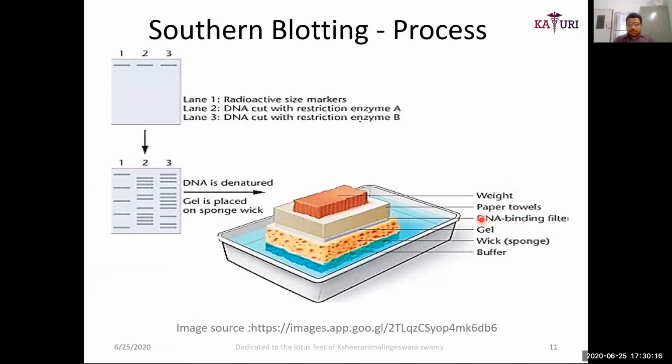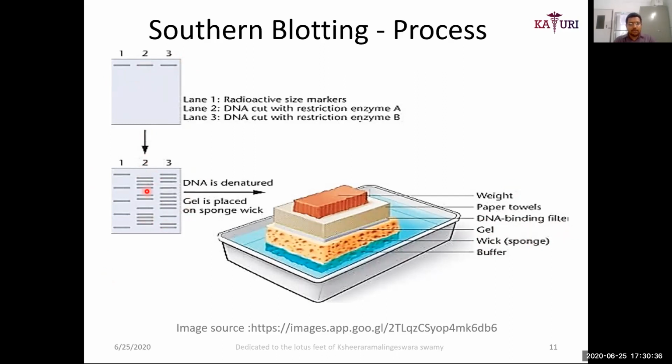So this is the buffer in the tank. After that, you have a porous structure like a wick or sponge. Then you put this DNA gel on which you have done the electrophoresis. You have put the DNA in one, two, three samples, and you have done the electrophoresis, which has given you different bands of DNA.